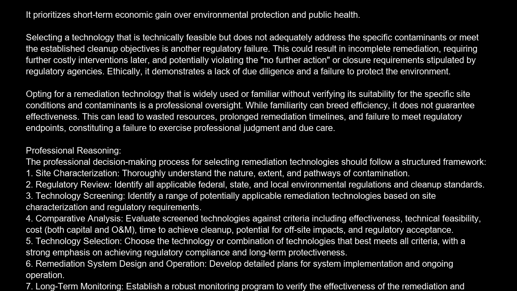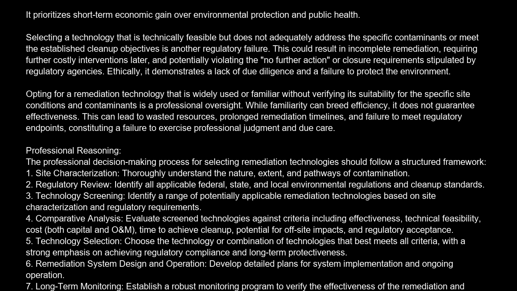Technology screening. Identify a range of potentially applicable remediation technologies based on site characterization and regulatory requirements. 4. Comparative analysis. Evaluate screened technologies against criteria including effectiveness, technical feasibility, cost, both capital and O&M, time to achieve cleanup, potential for off-site impacts, and regulatory acceptance.